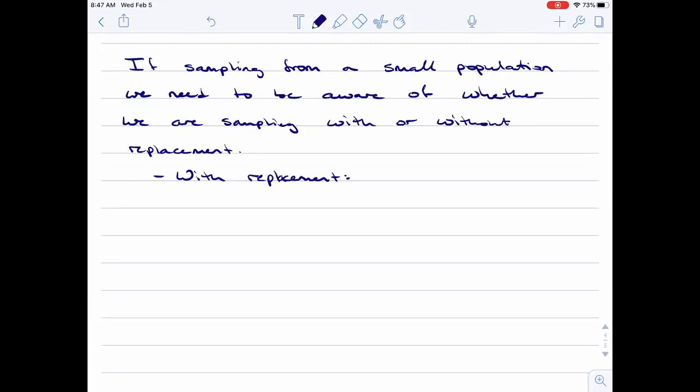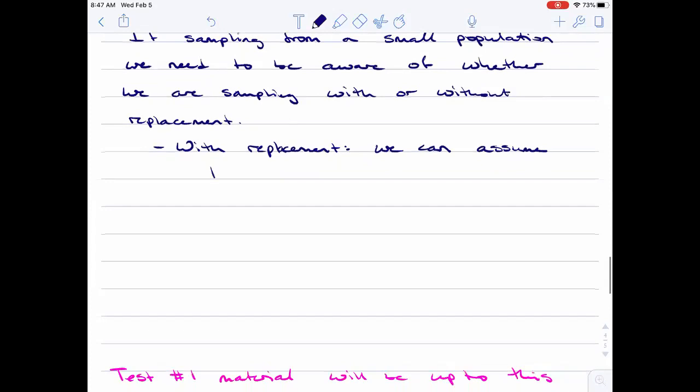With replacement, then we can assume that these probabilities are going to be independent, right? Everyone's independent from each other, and so then we can assume the probabilities are independent.